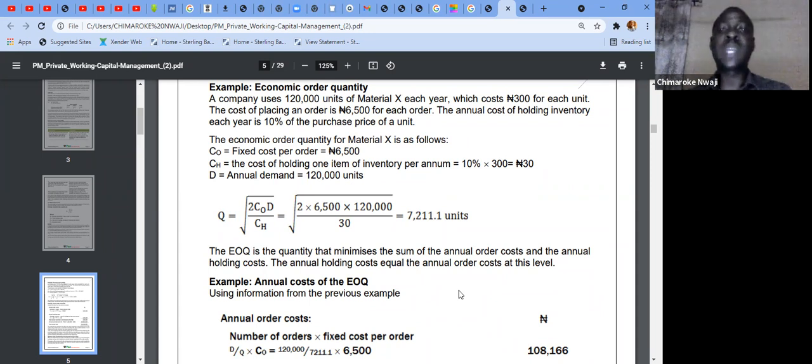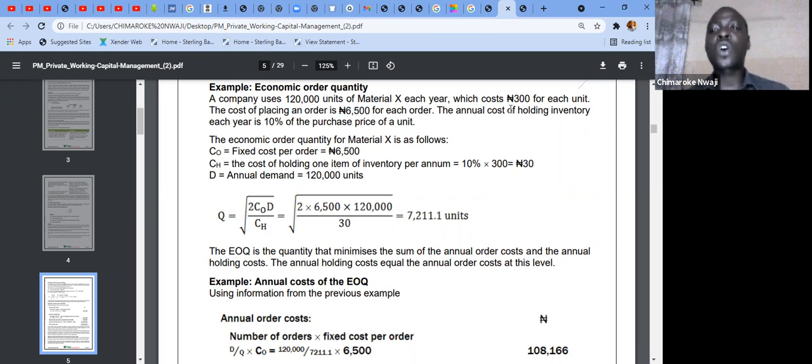The cost of placing an order is 6,500 naira. So this is relevant. For each order you make, you must spend 6,500. If you split the 120,000 units into orders, we don't know how many orders you're going to make, but each time you split, you're spending 6,500.